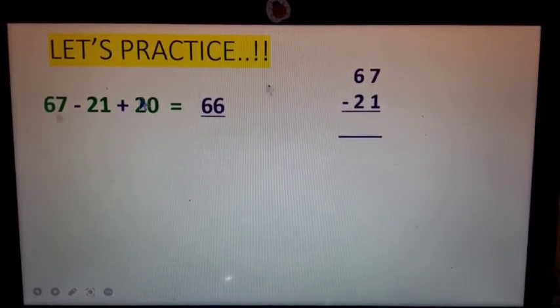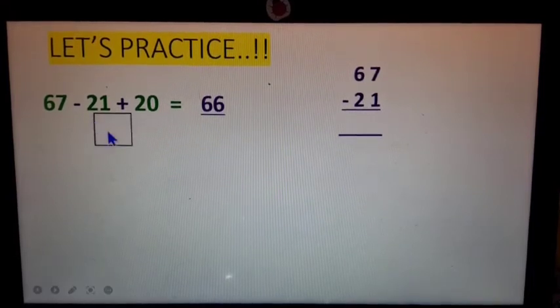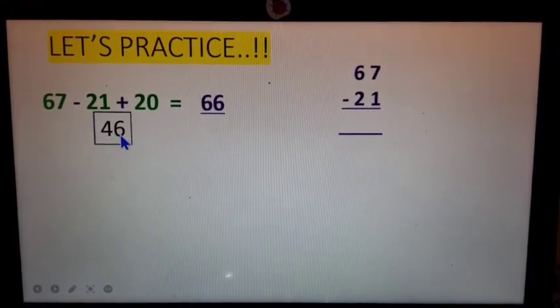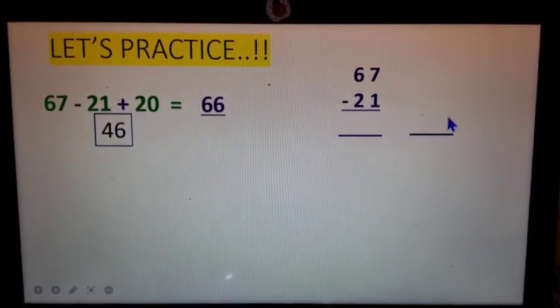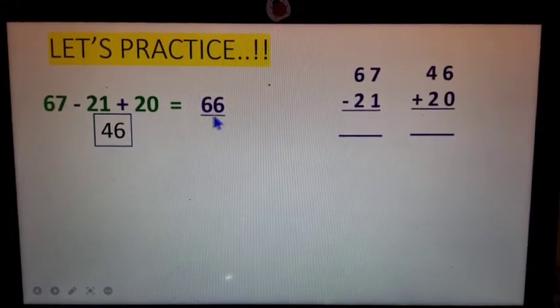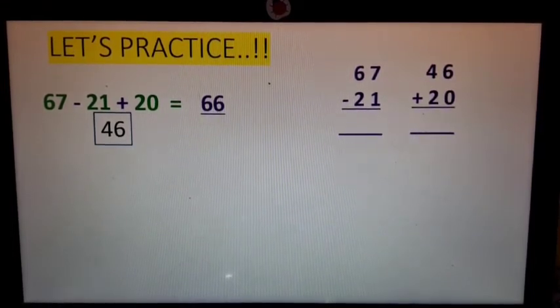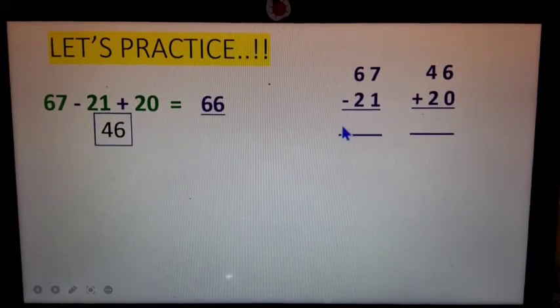So you can use this working, and then you got the answer 46. Next, from the 46, again you can use your working, 46 plus 20, and you got 66. Okay, you can write your working like this, to show your working.